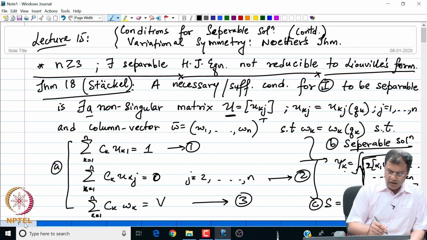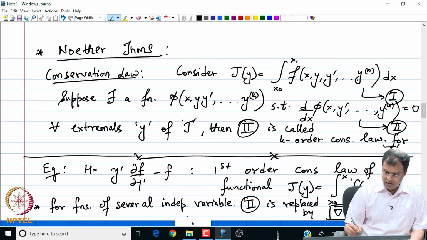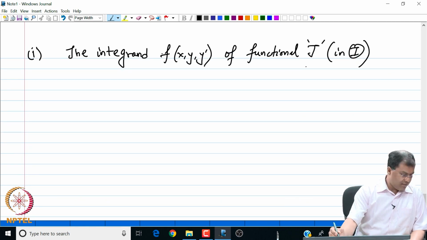So, if we go back, our 1 is this relation here, the setup of the functional.